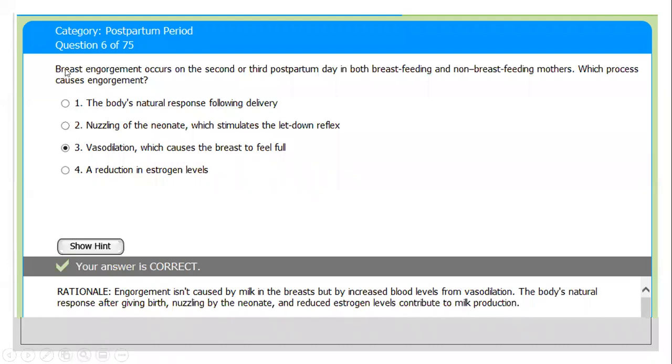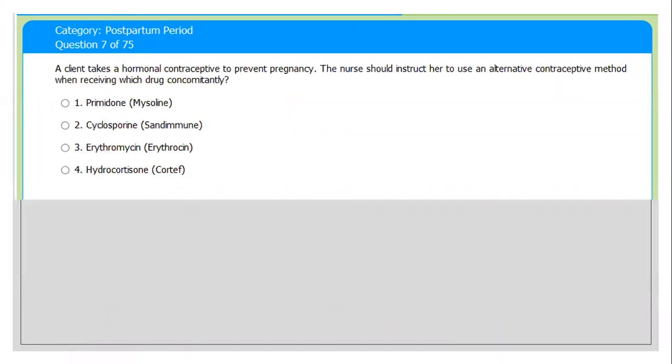But breast engorgement occurs because of dilatation of the arteries. Question: a client takes hormonal contraceptives to prevent pregnancy.